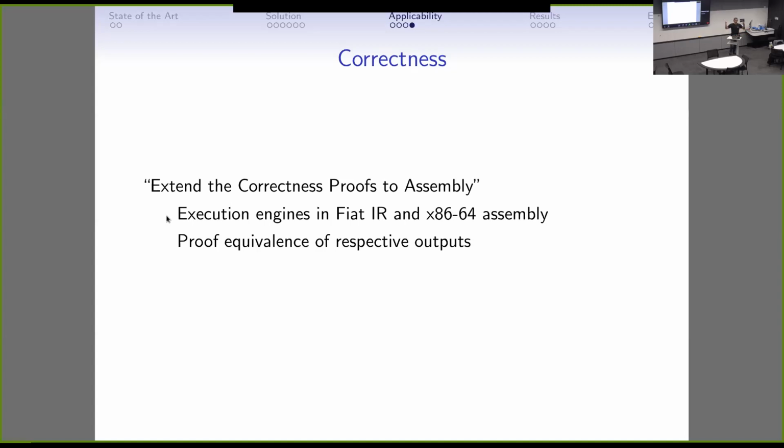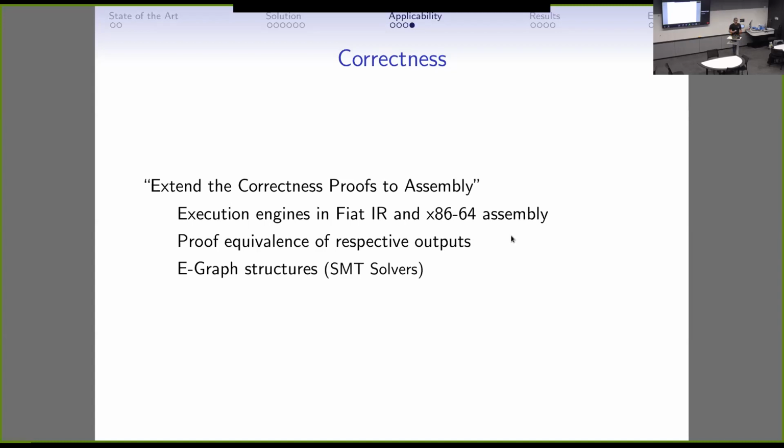And then we symbolically execute both of these programs, and we see how the input symbolically flows through the registers, memory, heap and stack. And then we see whether the output is equal, and then we have a provably correct implementation.